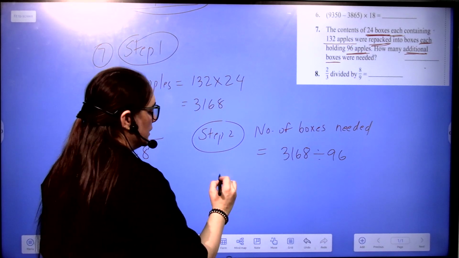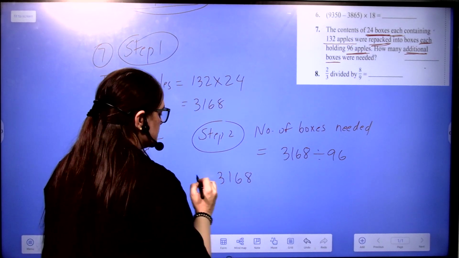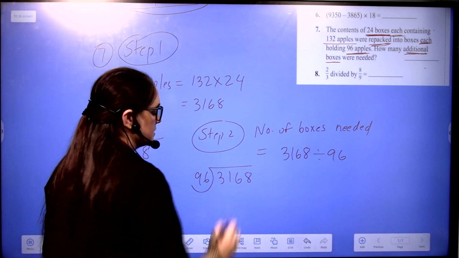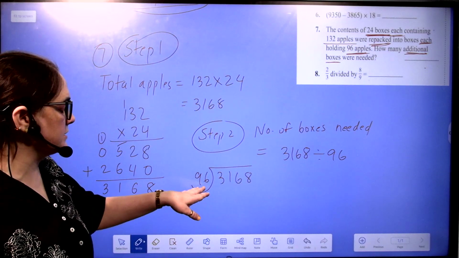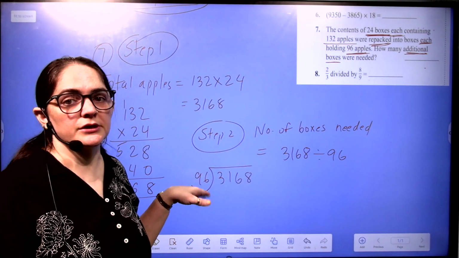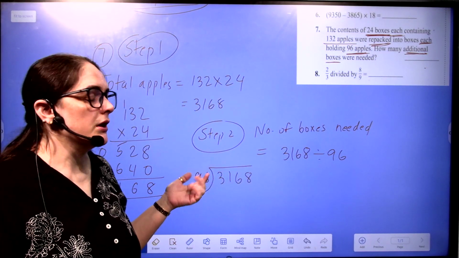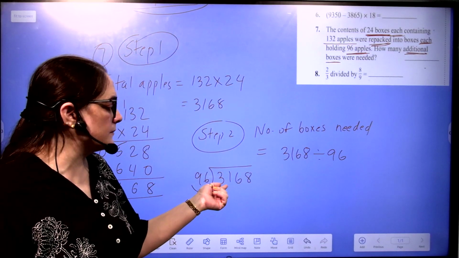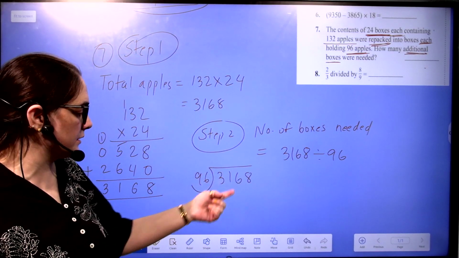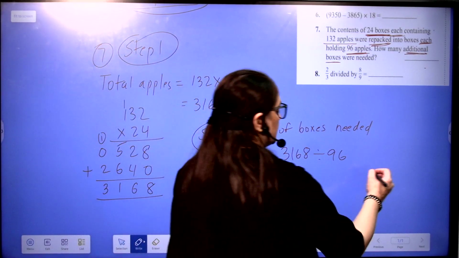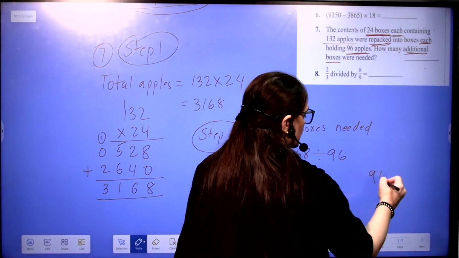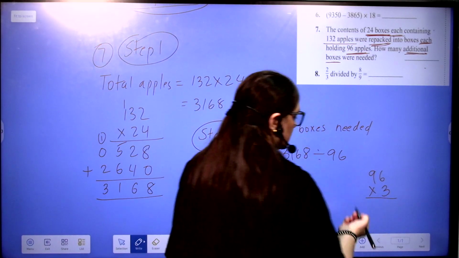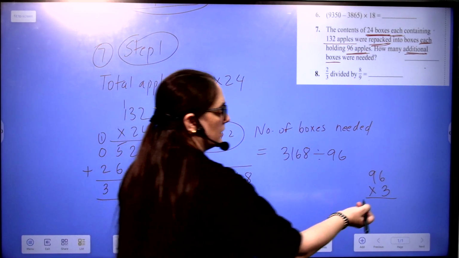Long division will help. You will notice that 96 is close to 100. So 100, 200, 300 times 3 should be close to 300. We need 3 digits in the first place. Let's multiply 96 by 3, because if we don't know the times table of 96, we can do column multiplication.